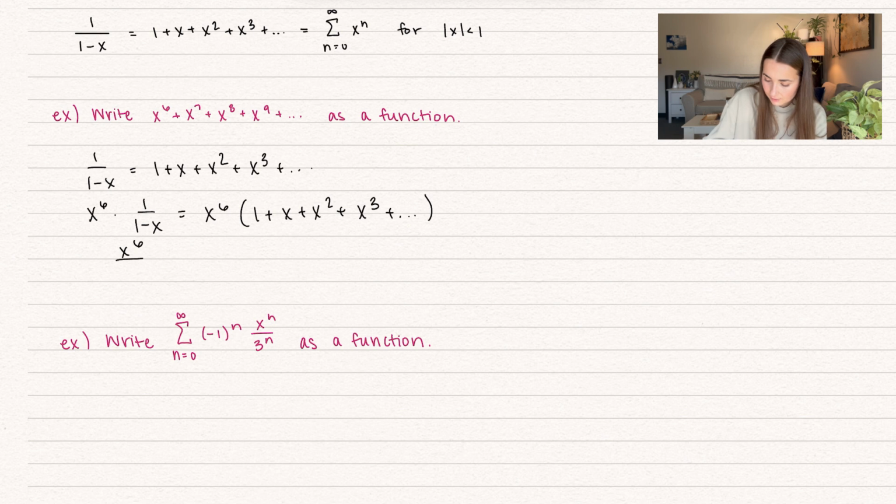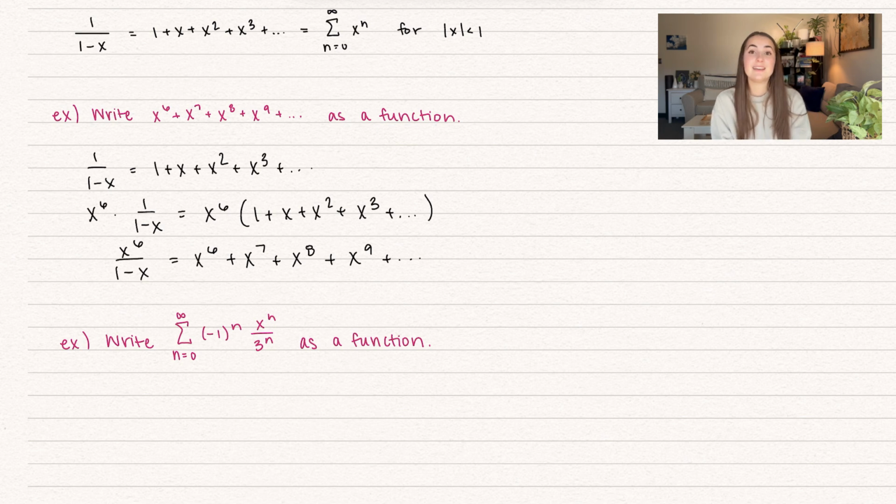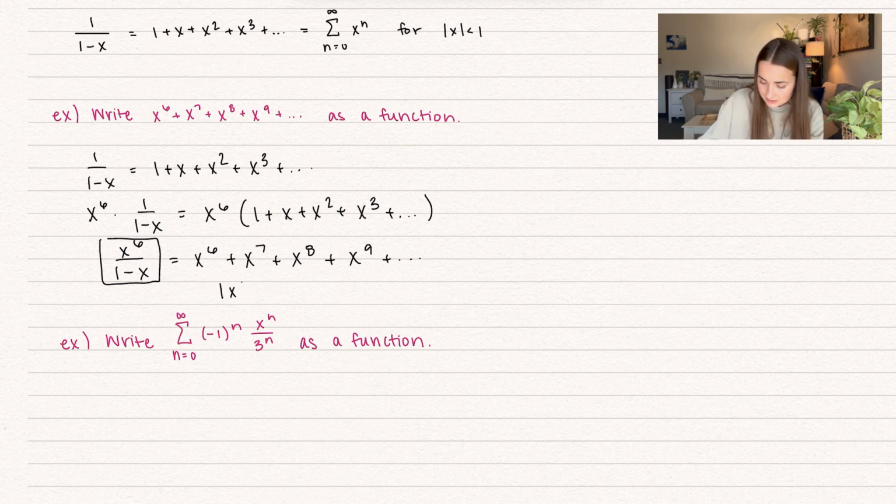Here we get x to the power of 6 over 1 minus x is equal to, and if we multiply that in, we get x to the power of 6 plus x to the power of 7 plus x to the power of 8, and so on and so forth. So here what we did was we found our function that represents that power series: x to the power of 6 over 1 minus x. So remember though, this is a geometric series, so we need that common ratio to be less than 1. So this is going to be for x values between -1 and 1.